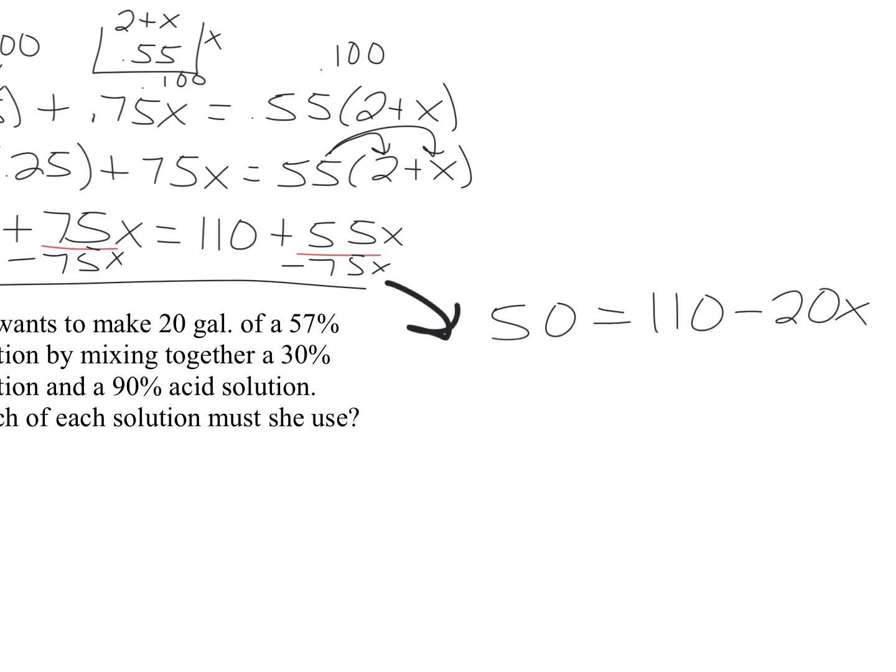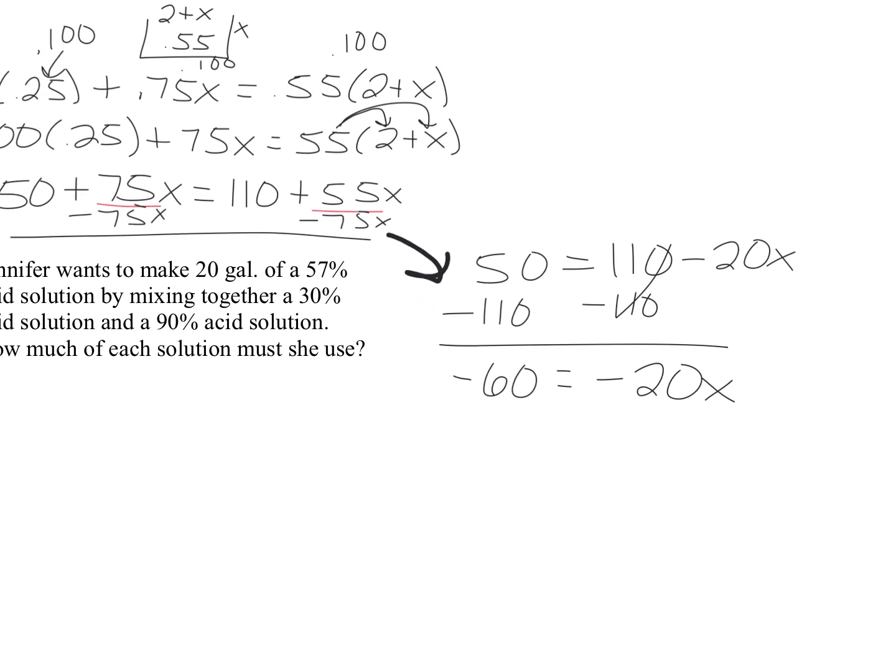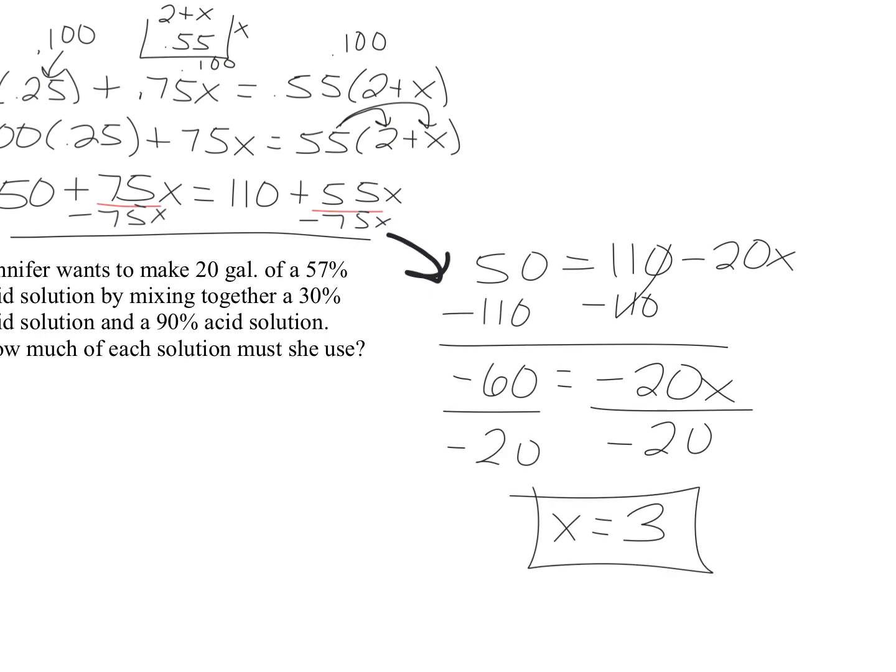Next step would be to subtract 110. What's 50 minus 110? Negative 60. Negative 60 equals negative 20x. Last step, divide by negative 20, and we get 3. That is your final answer.